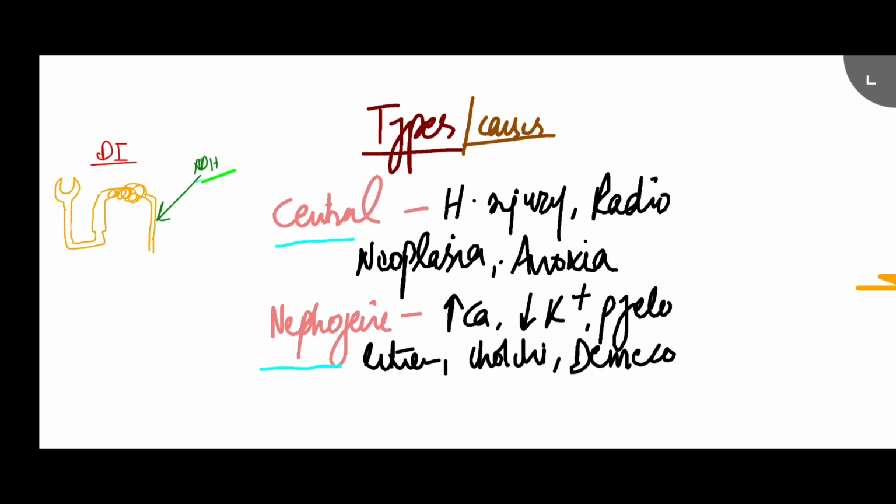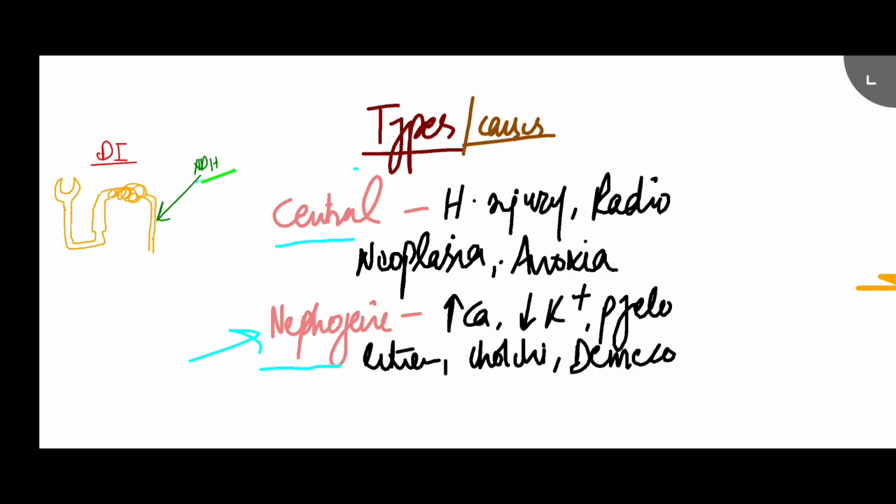ADH is also called vasopressin, which results in excessive dilute urine. But in nephrogenic diabetes insipidus, the ADH is normal, or it could be high, but there is a resistance to the action of this ADH.